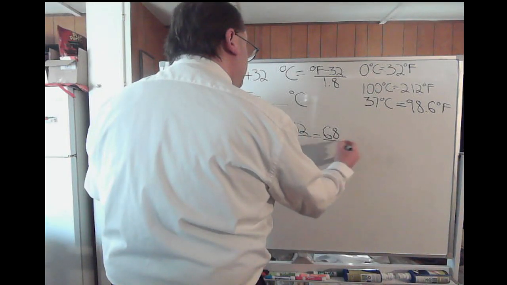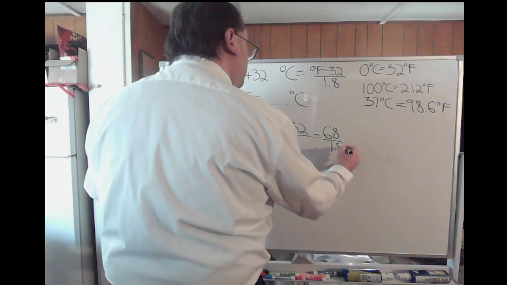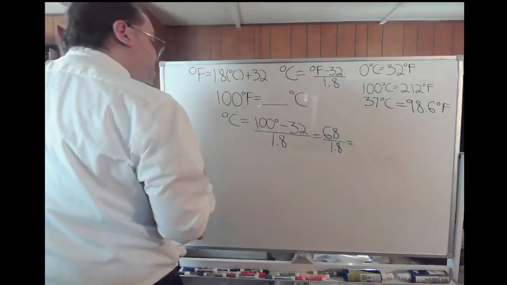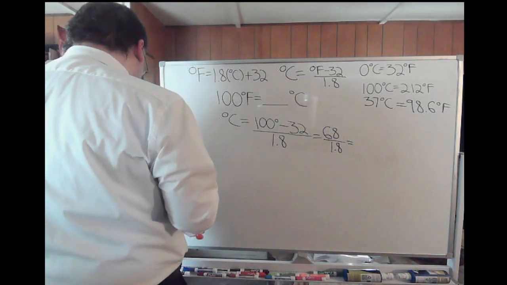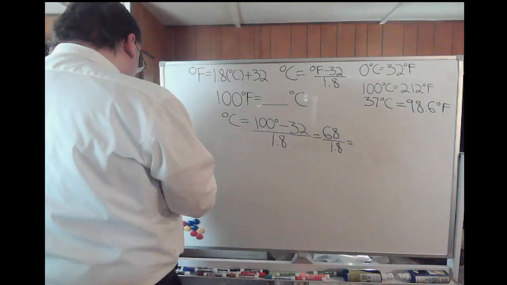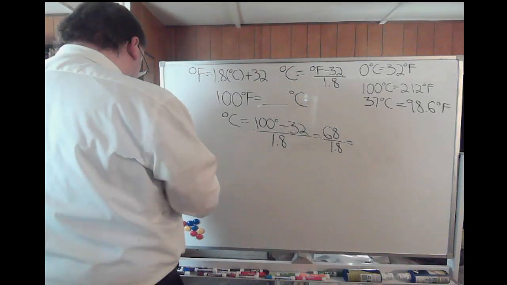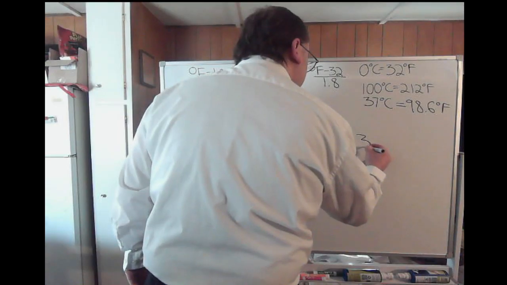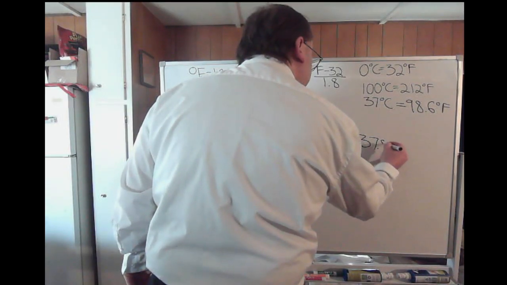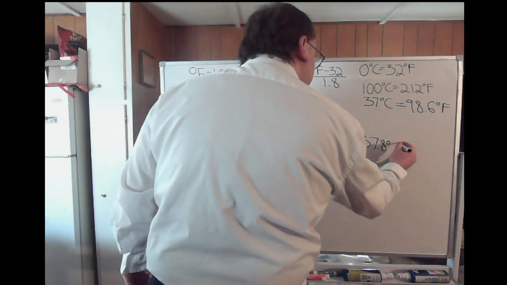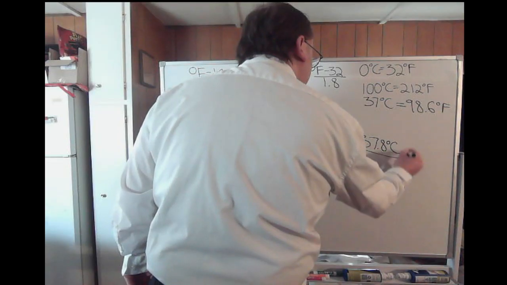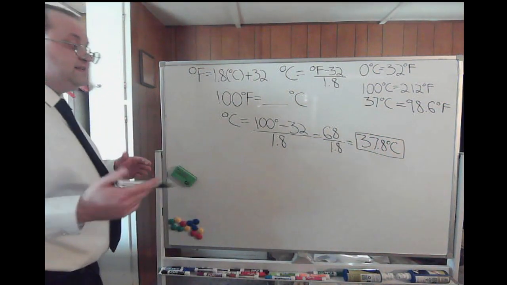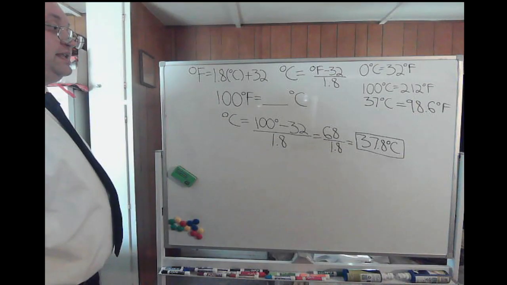That'll be 68 over 1.8, which would give us, let's see here, 68 divided by 1.8. 37.8, it's about 37.8 degrees Celsius. You could almost round it to 38 degrees Celsius. So pretty much 38 Celsius would be 100 Fahrenheit. That would be a hot day.